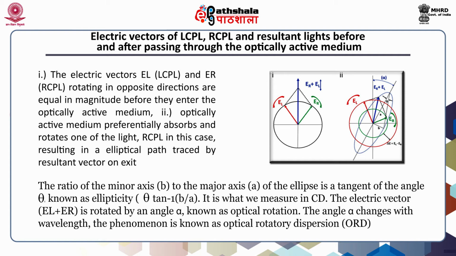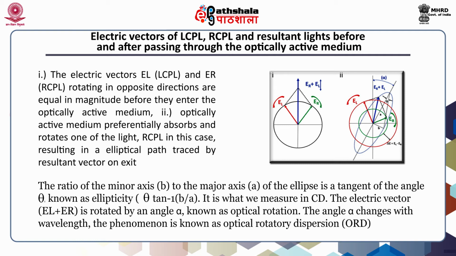ORD represents the rate of rotation, that is the change in angle theta of the polarized light when it is measured as a function of wavelength for an optically active medium. CD is measured in terms of ellipticity of the path traced by the resultant electric vector after it has emerged from the sample. See the minor axis designated as B and major axis A of the ellipse in the panel on the right side.